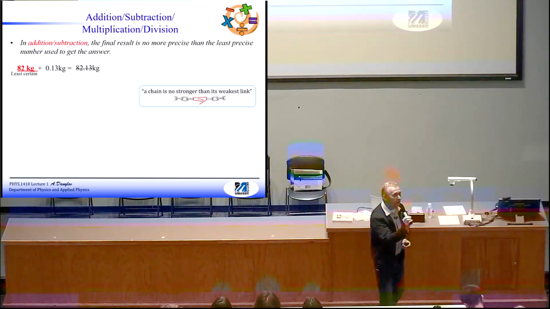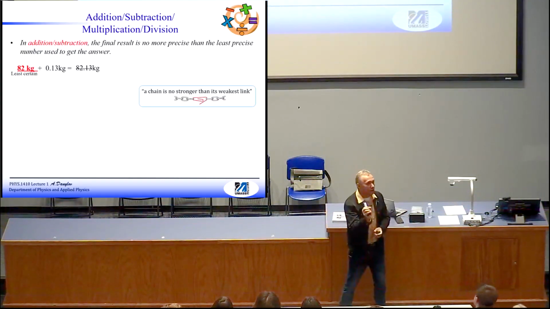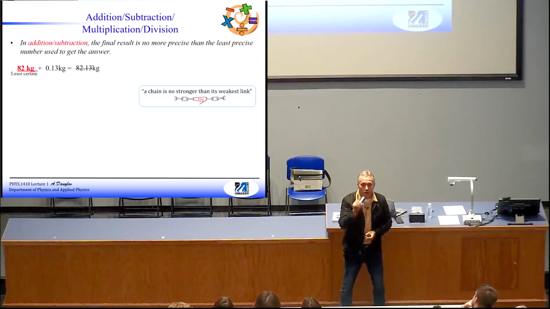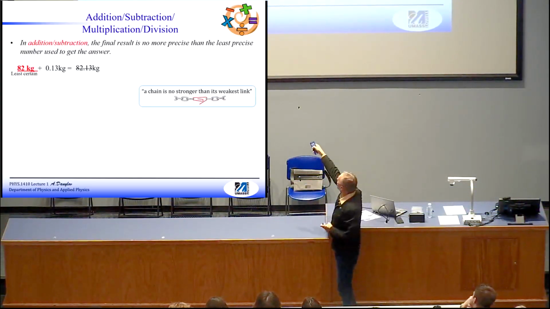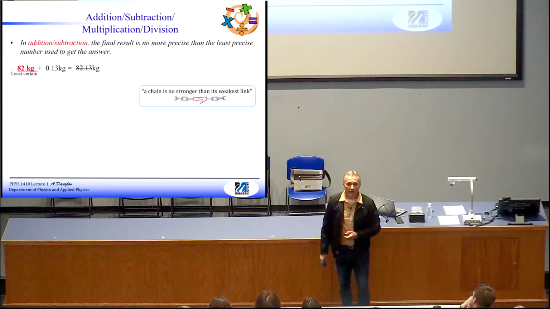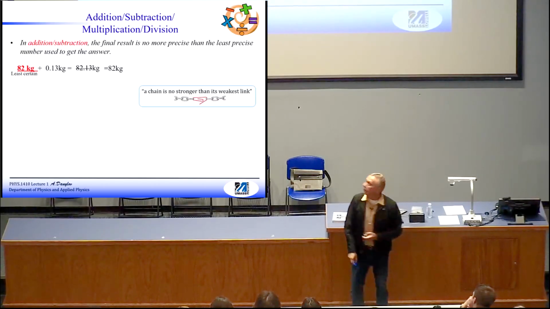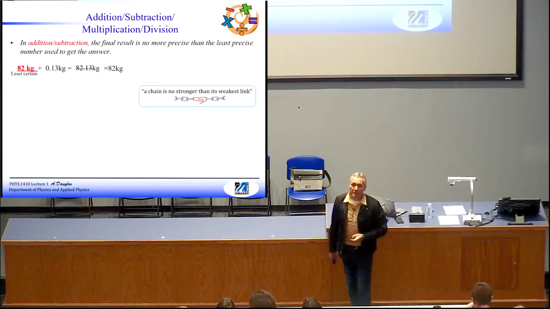Once we found out where the uncertainty must be, we need to round that number to that digit. So we look at the next digit. It's 1, less than 5, so rounding gives us just 82. We just trash that 1 and 3. You remember rounding, right? So the answer is 82.